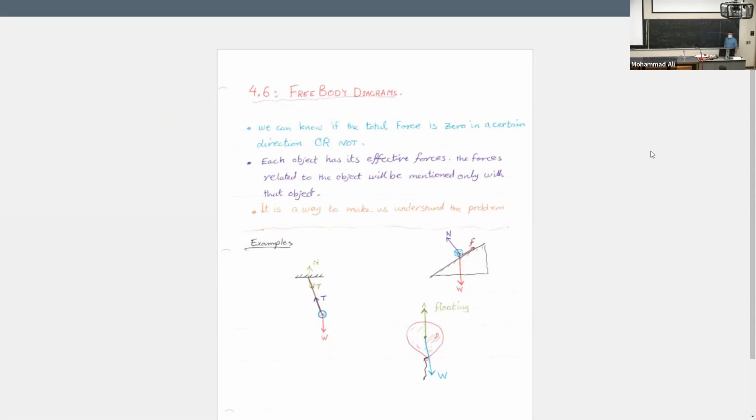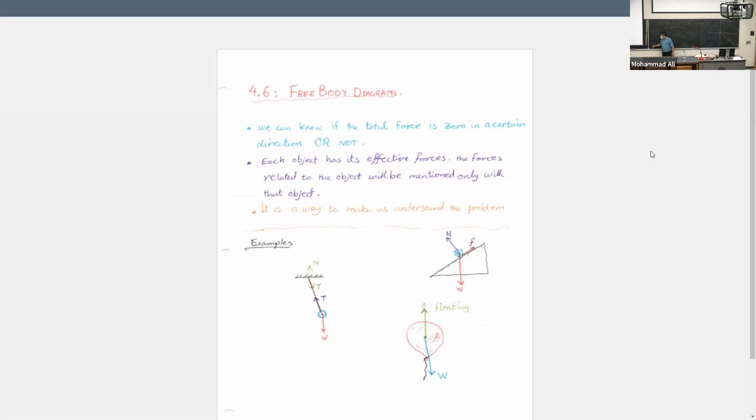We have a kite. This is a different example than the homework example. If we have a kite, this is the string. So we have a tension force in that string or thread, right? We have the weight.